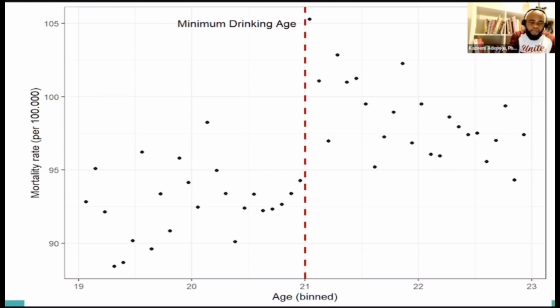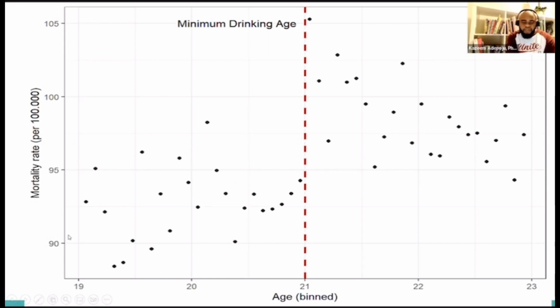Here you have the response, mortality rate per 100,000, and the age, and you can see 21 here. As you can see, this is like having two categories.